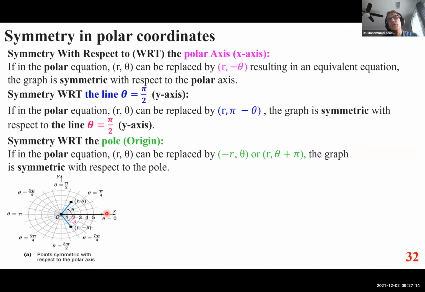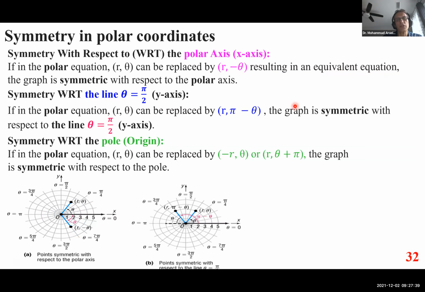You can think of the x-axis, or the positive side of the x-axis. So if we could change theta to negative theta, that creates symmetry with respect to this line, the polar axis, as long as we get an equivalent equation.